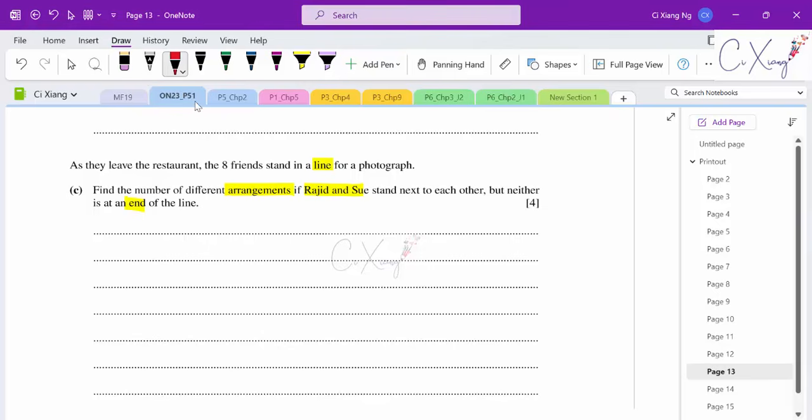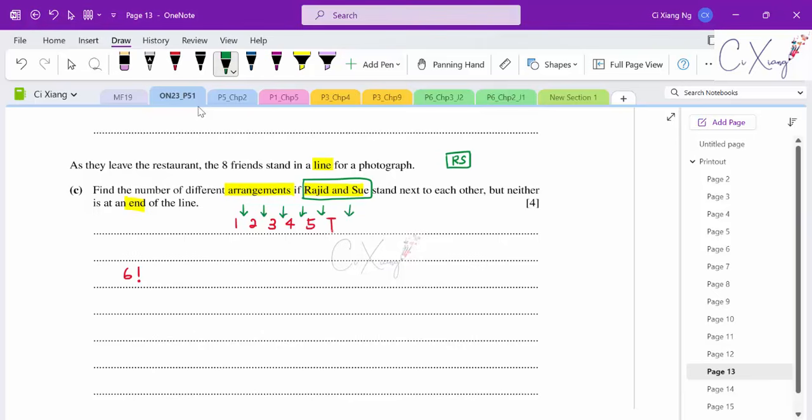So first of all, I arrange the remaining 5 friends with Tan first. So I arrange 6 of them freely, so I have 6 factorial. Then to make sure that Rajit and Sue are standing next to each other, I will put them into one unit. To put this one unit between all these friends and make sure that they are not at the end, I will fix that they can stand at the arrow positions.